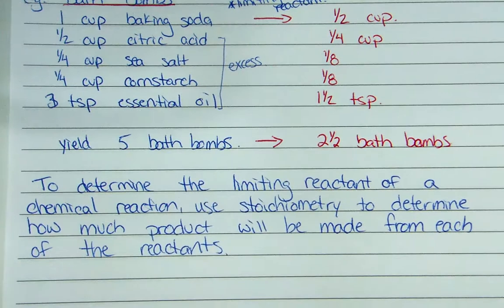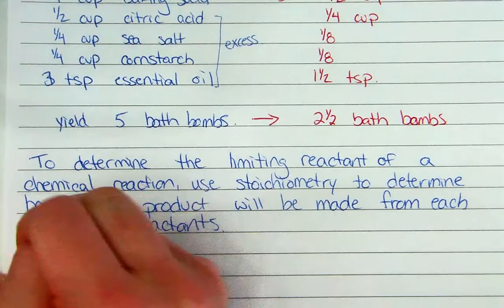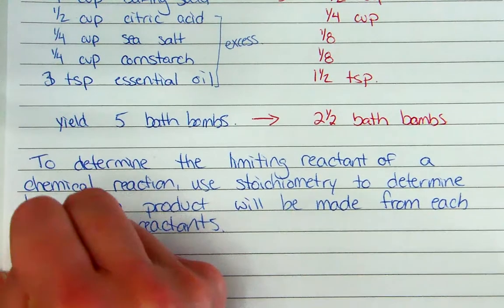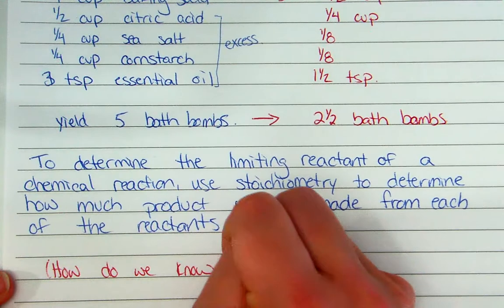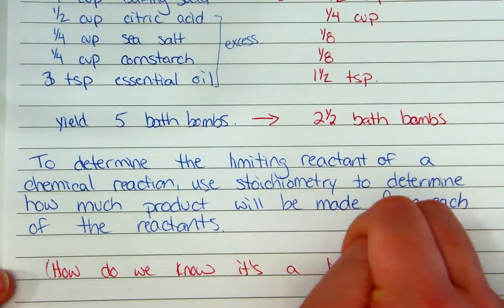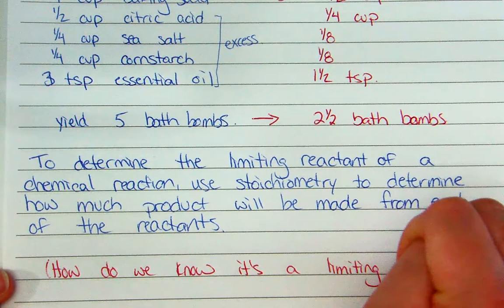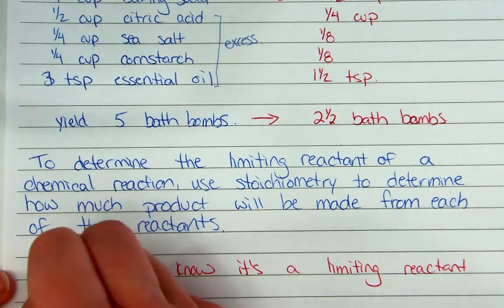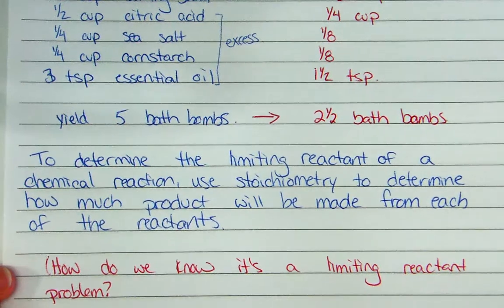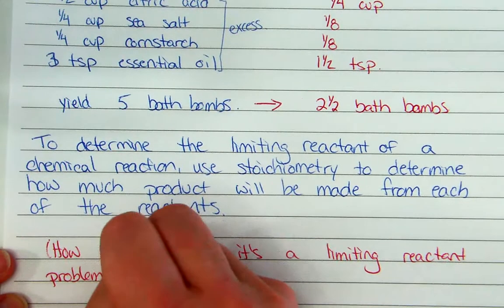And we're actually going to look at how much product would hypothetically be produced by each of the reactants. So just a little clue: how do we know that it's a limiting reactant problem? We're going to be given amounts of all reactants.